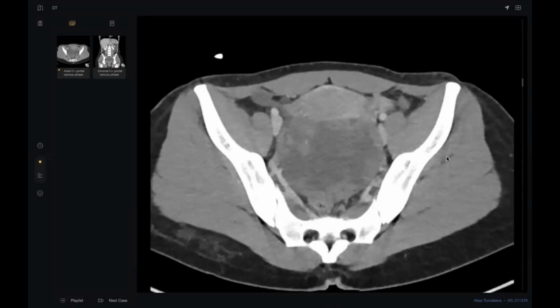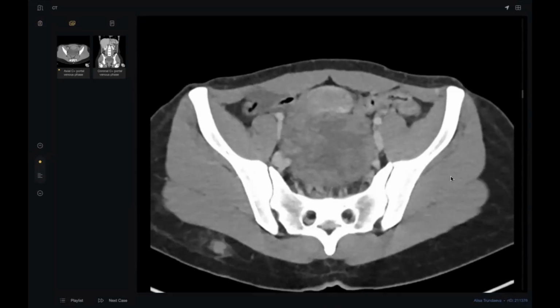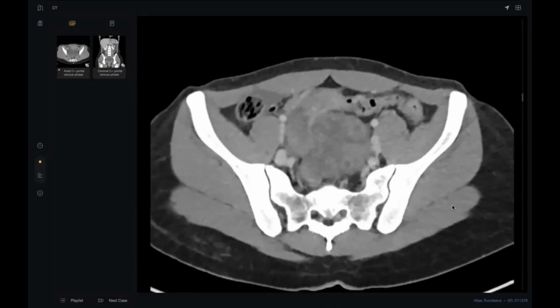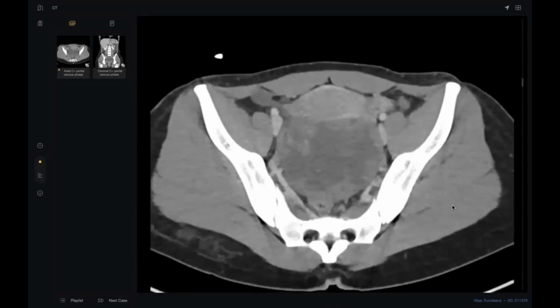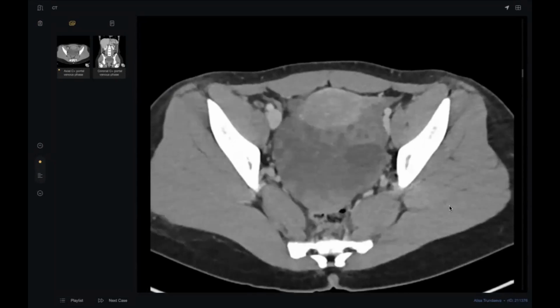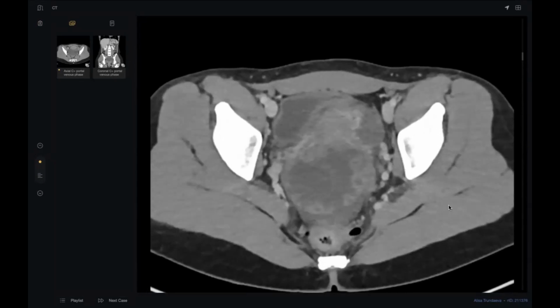This is the contrast enhanced CT scan of the pelvis of a 25-year-old woman with lower abdominal pain for 24 hours. I'm seeing a mass lesion posterior to the uterus, which is heterogeneous in appearance.